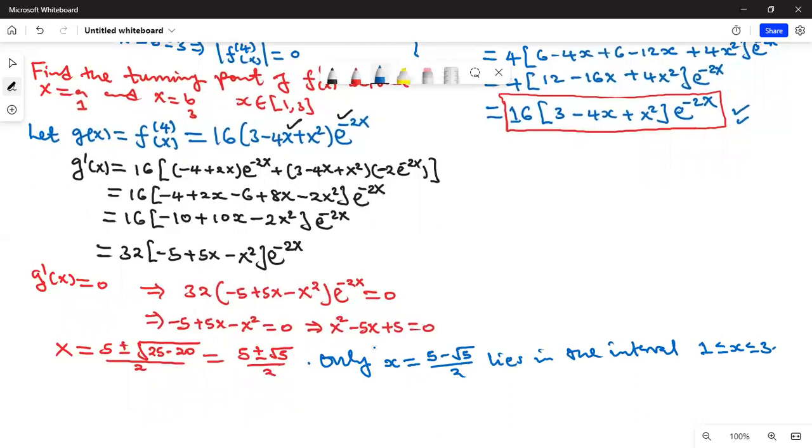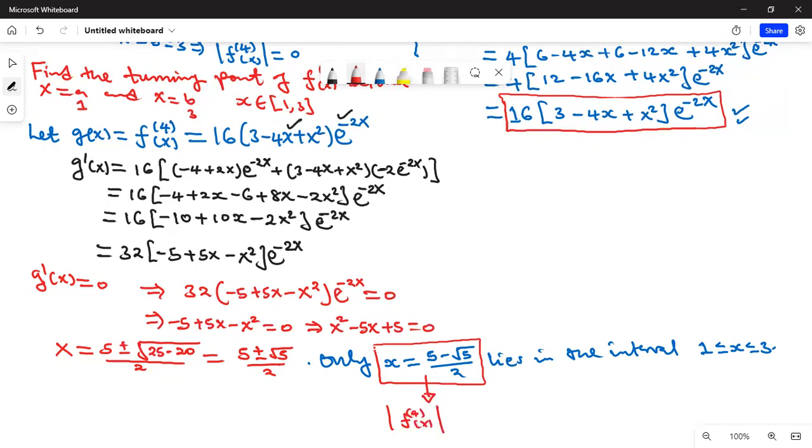Now we need to know what is the value of the fourth derivative at this turning point. So you can now say, at this point, you need to get the absolute value of your fourth derivative, raised to 4 in bracket, of x.